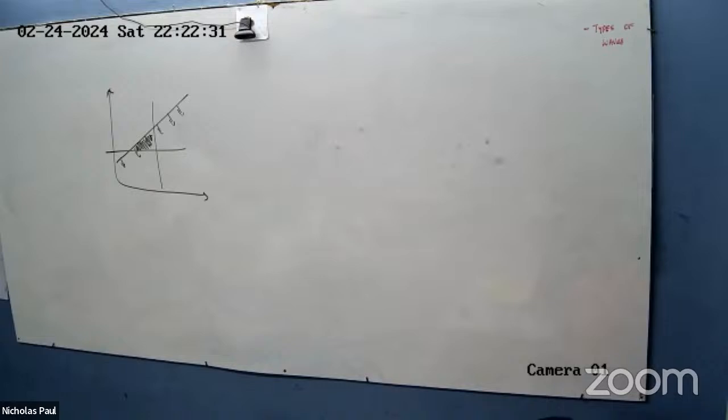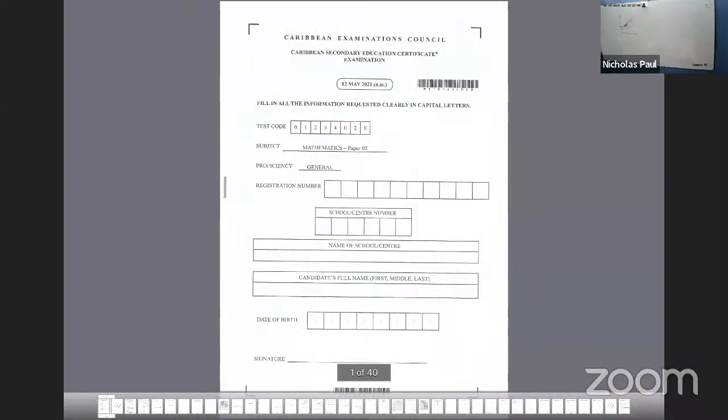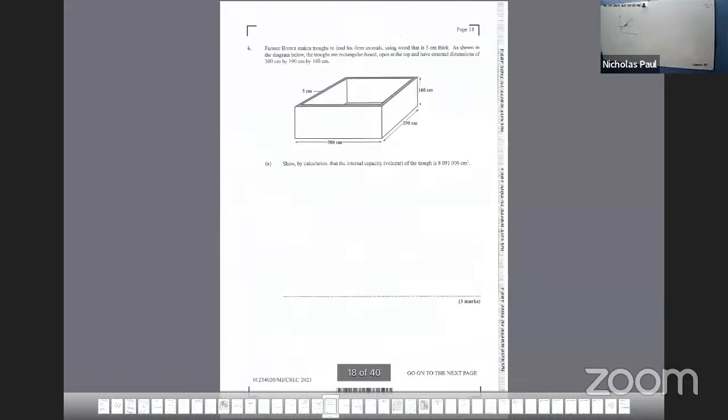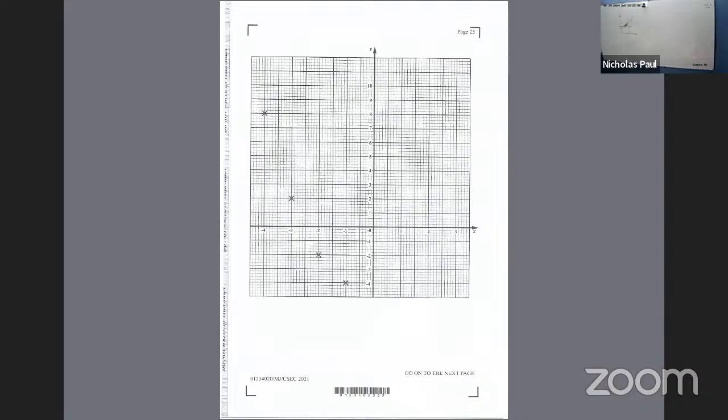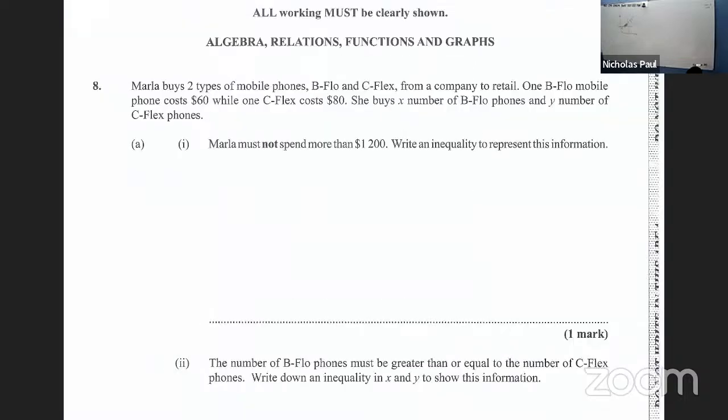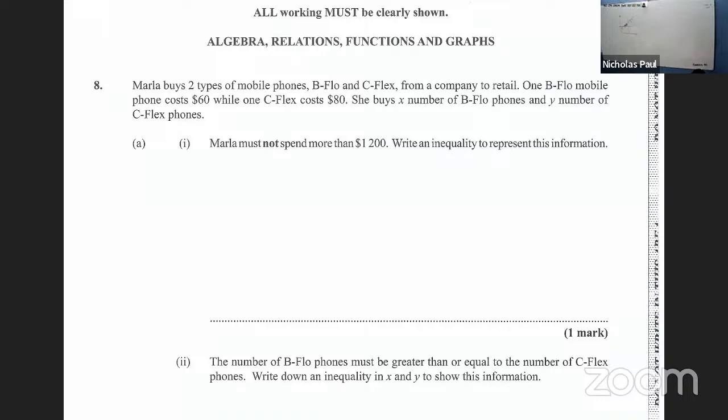All right, so let's take a look at 2021. That's the last one we're going to do. I will share it here, and I will share it on the group as well. Actually, it's on the group already, I think. So let's go through it part by part. Take a little read here.